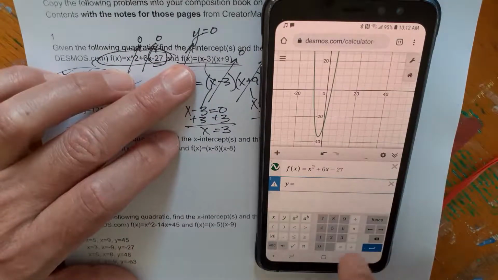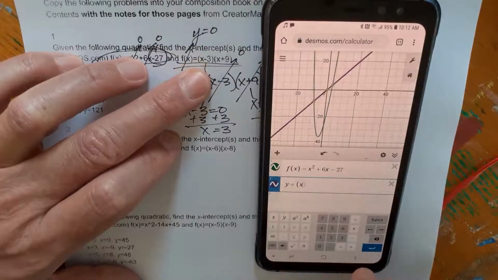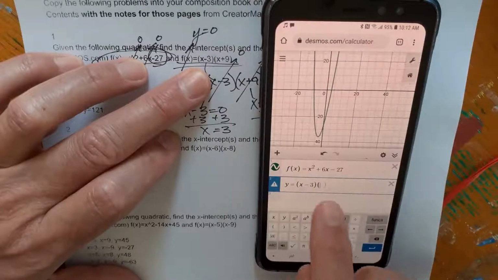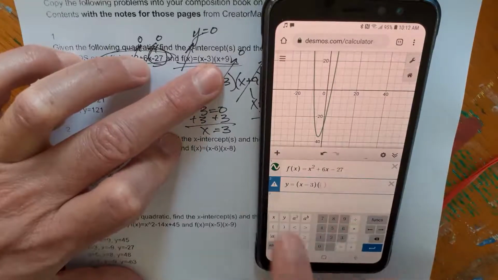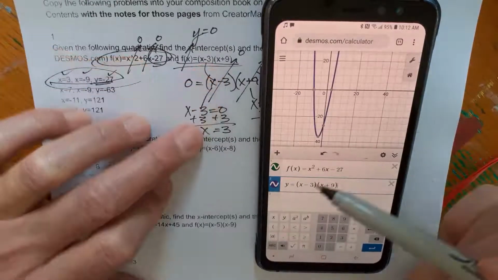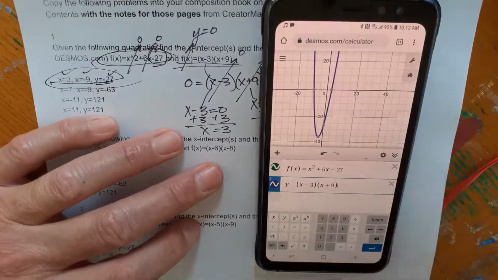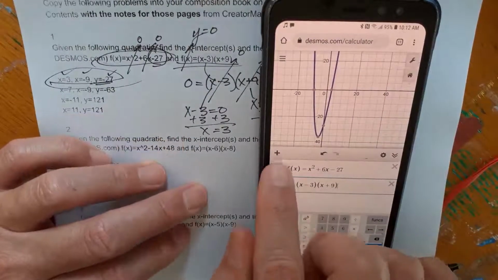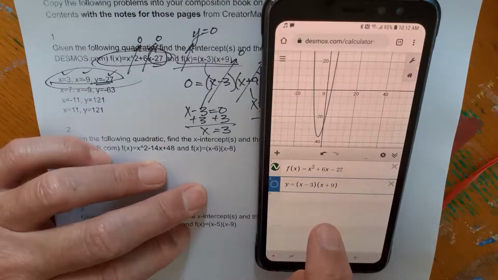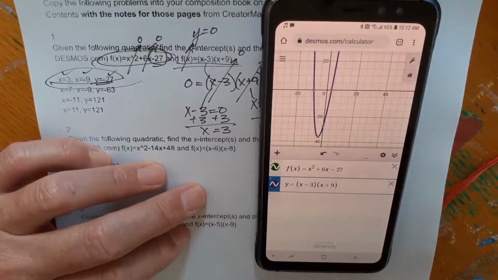If we say y equals parentheses x minus 3, parentheses, x plus 9, parentheses. Notice both my purple parabola and my green parabola are on top of each other, right? They are the same equations. If I take out this one, put this one back in, they're right on top of each other. So I've proved that with Desmos.